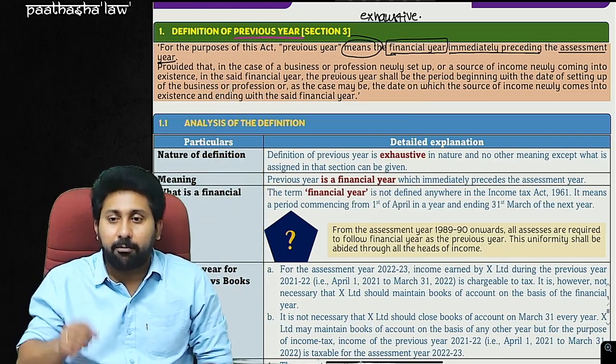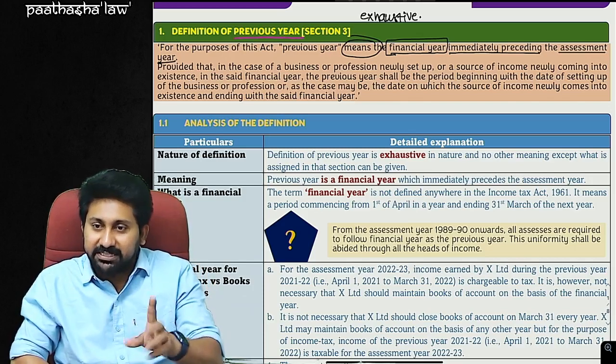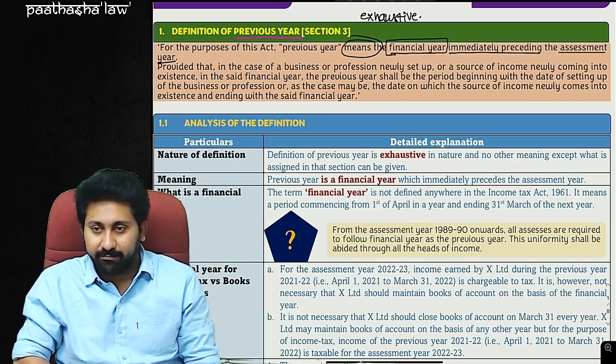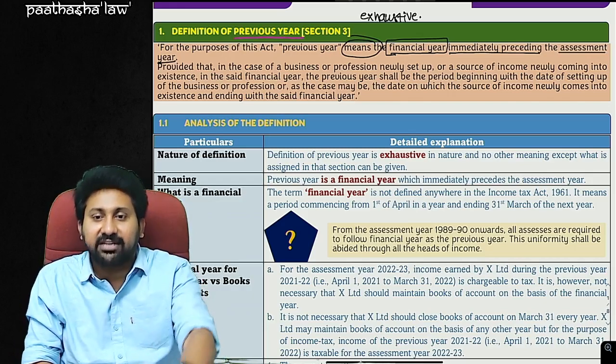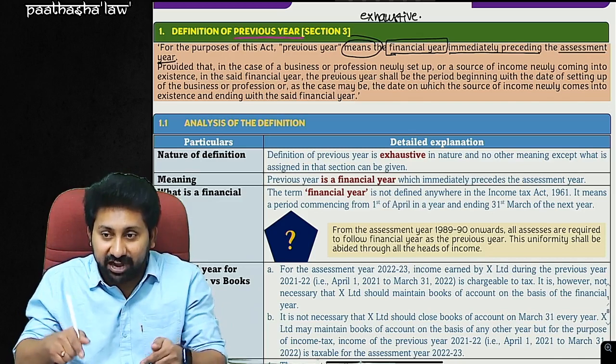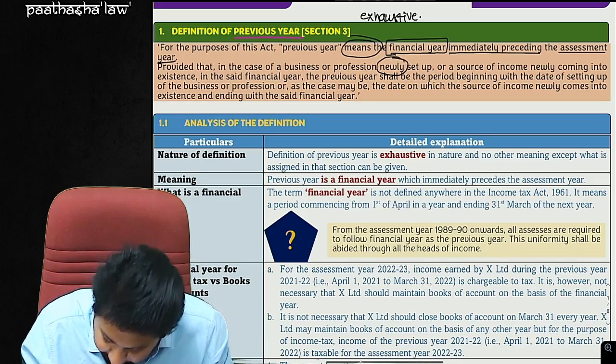Let's read. Provided that, however, in case of business or profession newly set up or a source of income newly coming into existence in the said financial year, they use the words newly set up, newly coming.